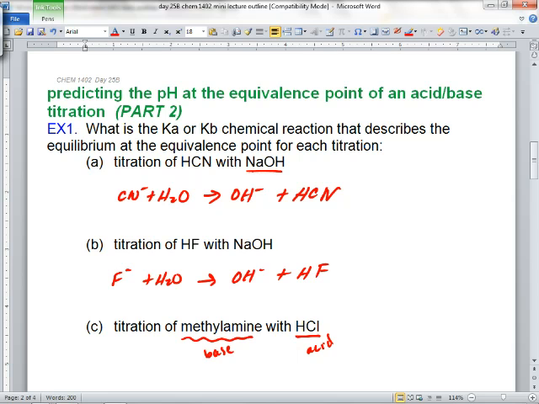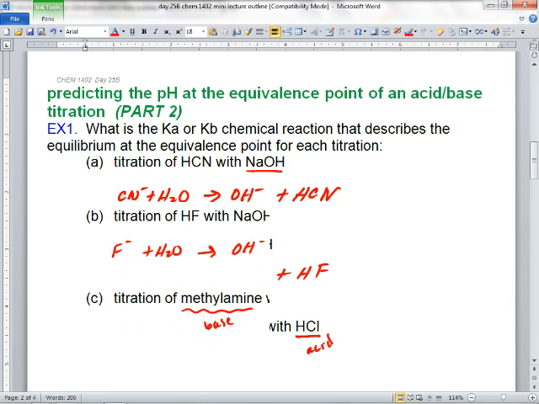If you're not sure what it is, you look in the table, and you're not going to look in the table that has Kas. You're going to look in the table that has Kbs. It's a base, so you find it there. Then you have to recognize that at the equivalence point, I'm going to have the conjugate of methylamine. It's going to be an acid, so I have to write a Ka reaction.